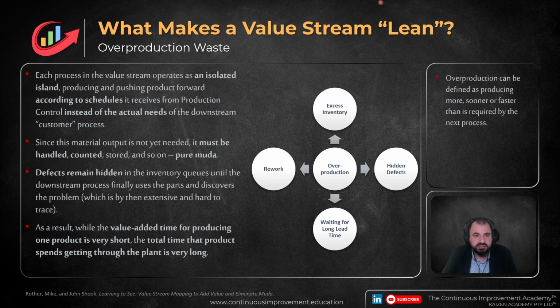Material that is overproduced or produced early is handled, stored, and counted, even though it is not yet needed. This also means that defects can remain hidden in the inventory queues until much later, making them expensive and difficult to trace.